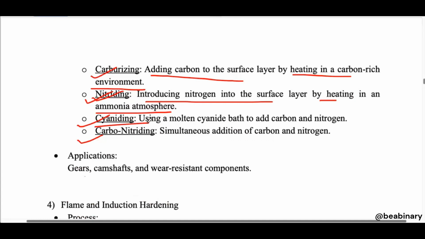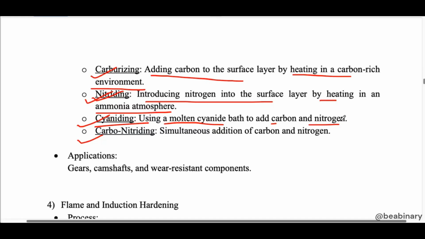Now we talk about cyaniding. What is cyaniding? Using a molten cyanide bath to add carbon and nitrogen. Cyaniding means we add both carbon and nitrogen together. So in these conditions, we would have more hardness.